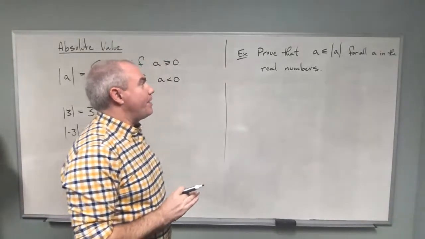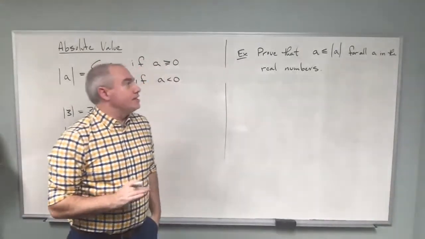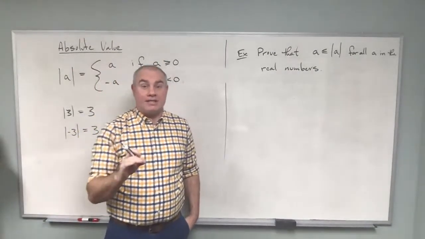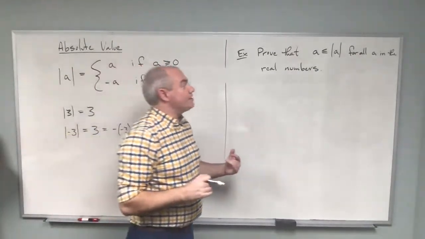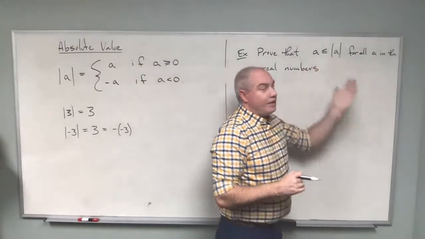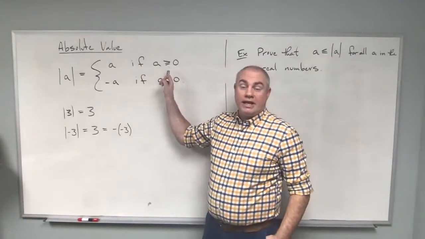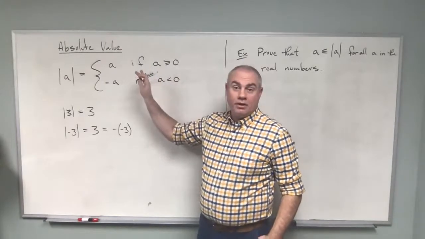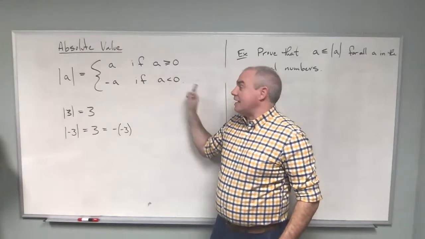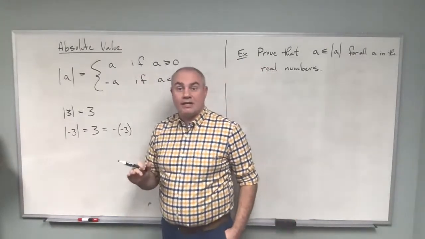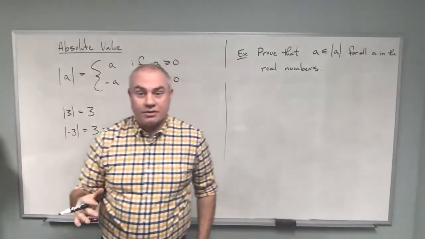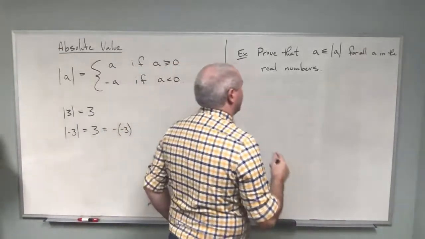Well, I think the best way to go about this is similar to what we did in the last example. There are some cases here: A could be greater than or equal to 0, and in that case we do something, or A could be less than 0, and in that case we might need to do something else. So that's how I'm going to start this proof.